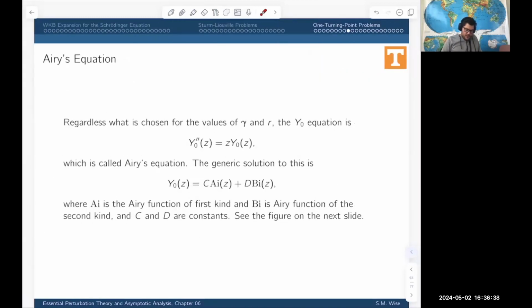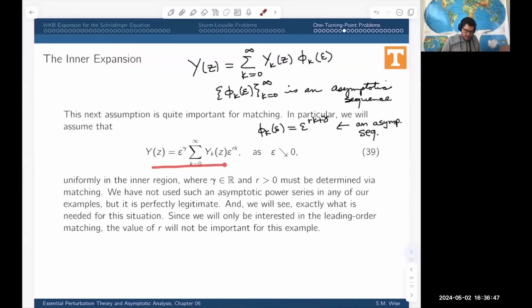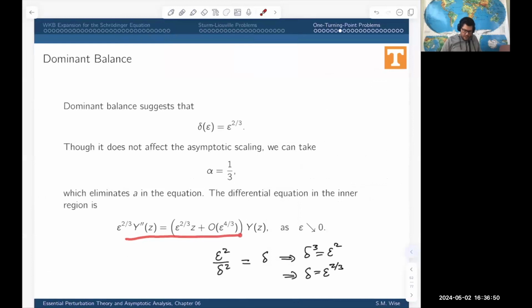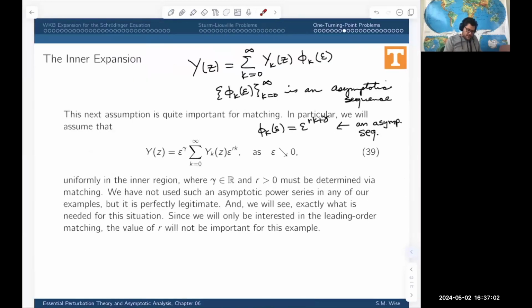Now, regardless of what values we choose for gamma and R, when we plug our expansion into this equation, we're going to generate the lowest order term, the next order term, etc. The lowest order term is going to be the order gamma term, or epsilon to the gamma.